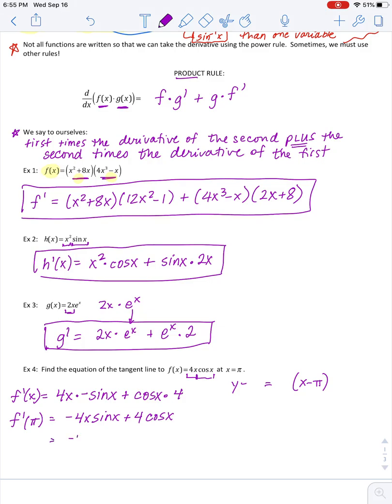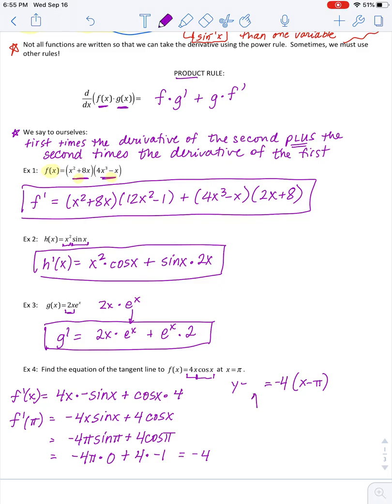Kind of poor notation, because I didn't plug in pi yet, but let's do that. We've got negative 4 pi, sine of pi is 0, plus 4 times cosine of pi, which is negative 1. So my overall slope here is negative 4. I'm going to put that in that slope spot.